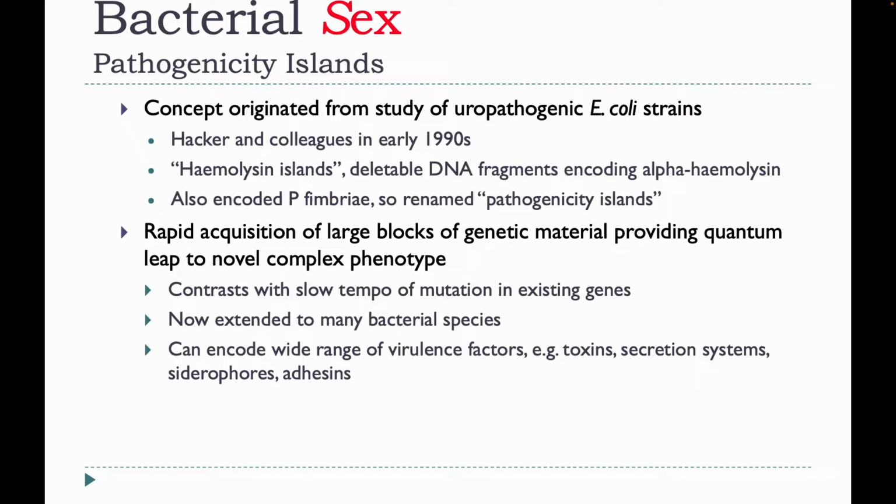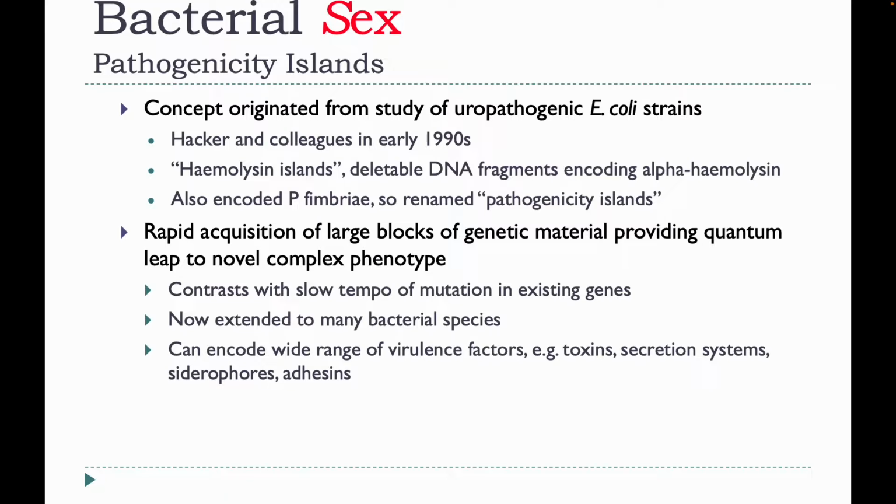And when people started doing comparative genomics, they realized this was actually quite a common theme, that you'll get a block of genes in one genome that's been acquired en bloc that are not present in another genome. And where those differ between pathogenic strains and non-pathogenic strains and actually confer that virulence phenotype, we call them pathogenicity islands.